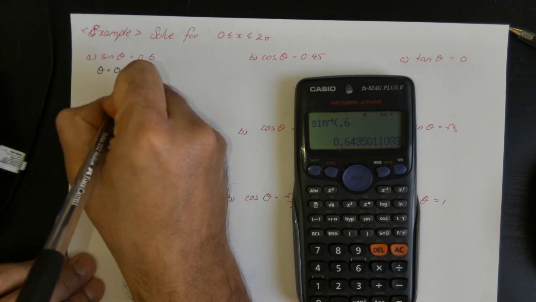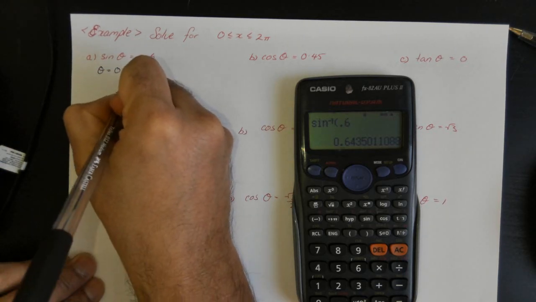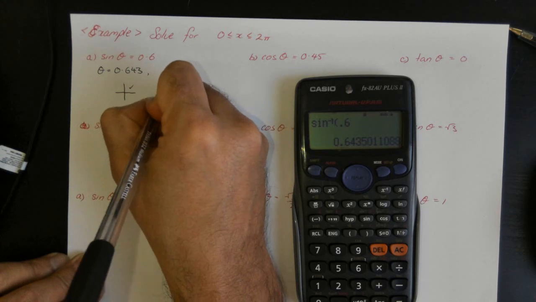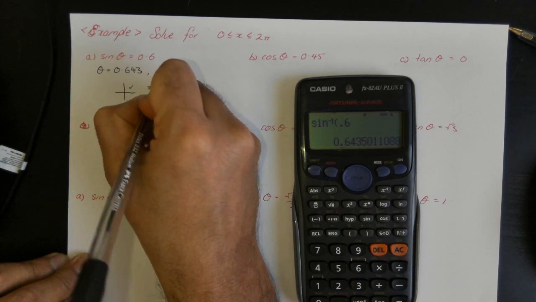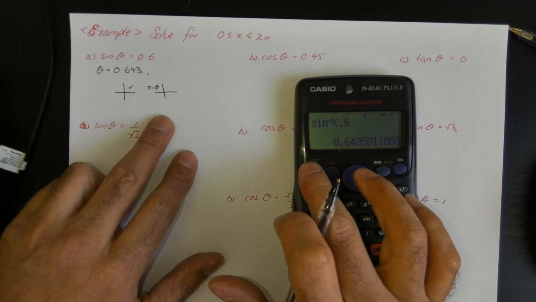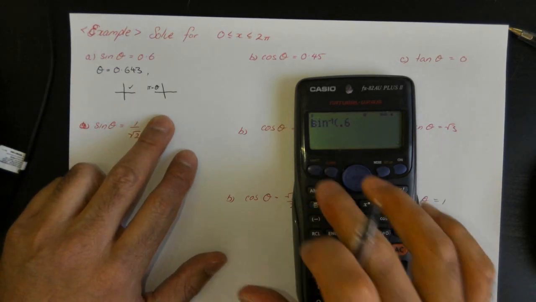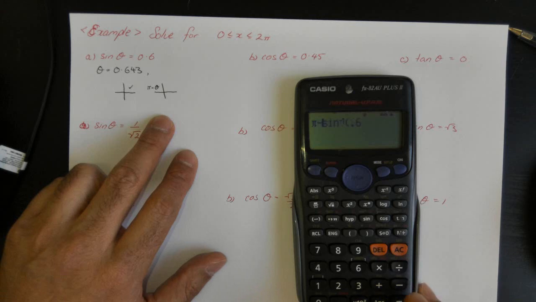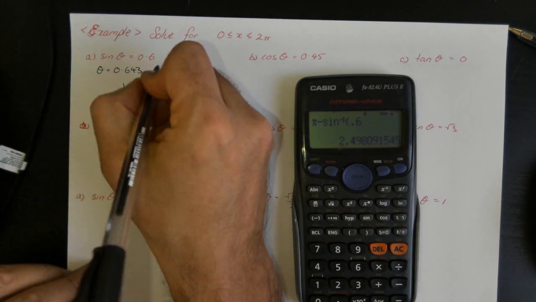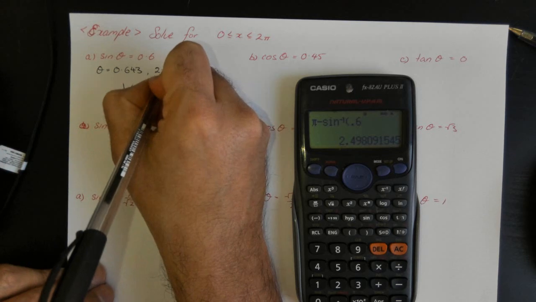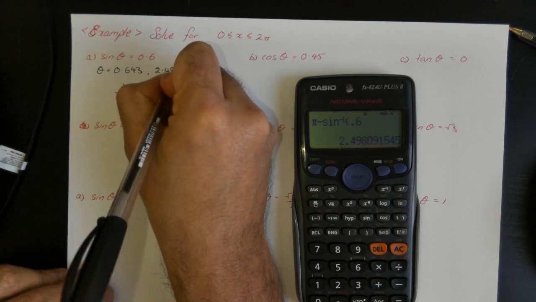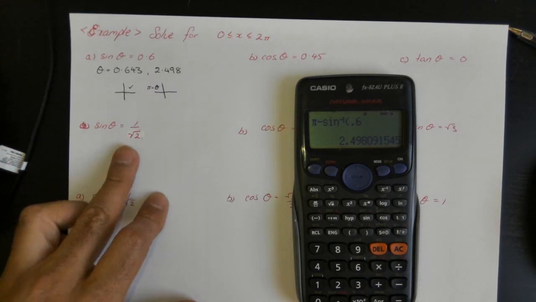That's in the first quadrant. And the next one is going to be pi minus theta, and I get 2.498, 3 decimal places.